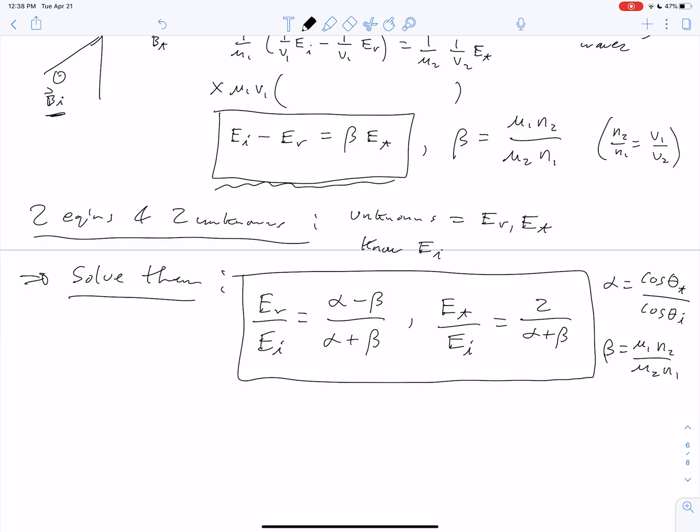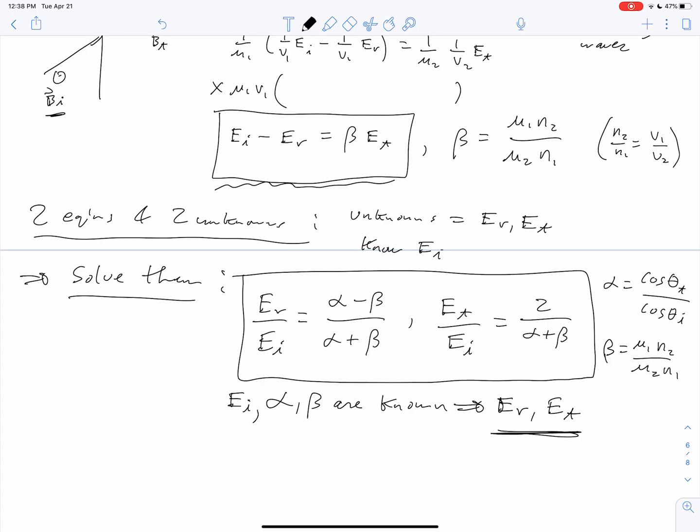And alpha and beta are known. So EI, alpha, and beta are known. And so then what we can get is ER and ET. That's the whole point. And so that's what we've done.